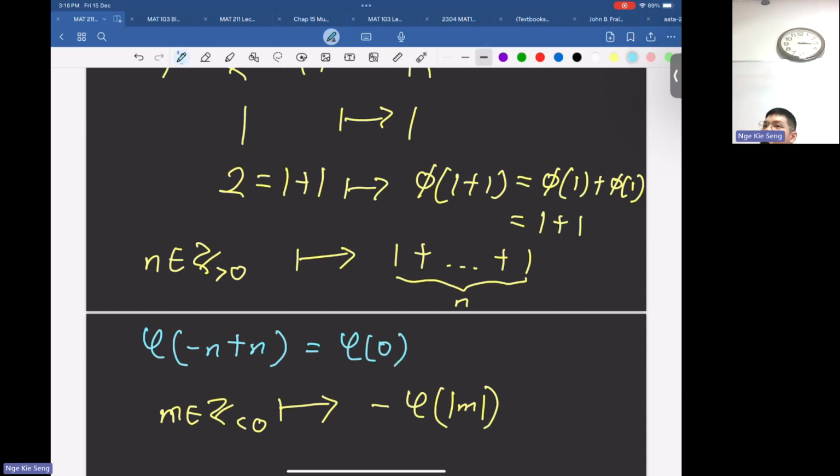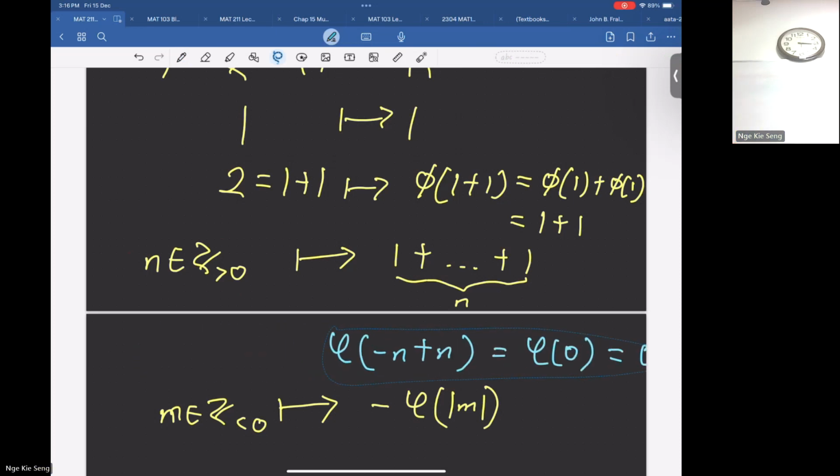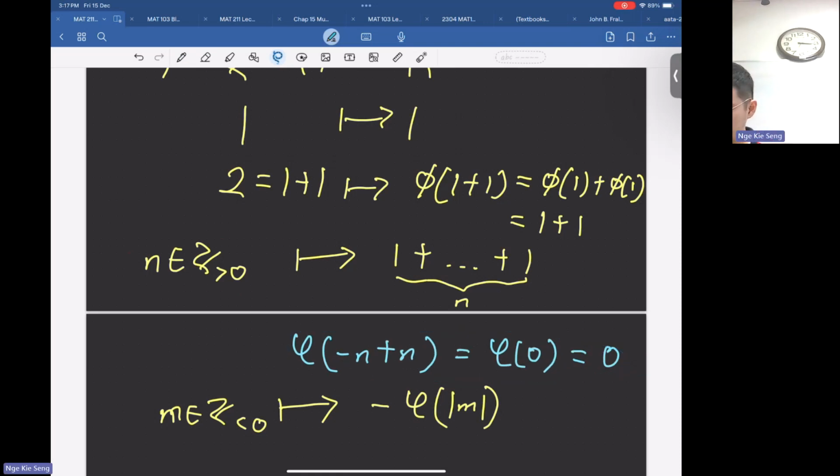A ring homomorphism is the same kind of group homomorphism, so you must send 0 to 0. But on the other hand, I can split phi of minus n plus n into phi of minus n plus phi of n.